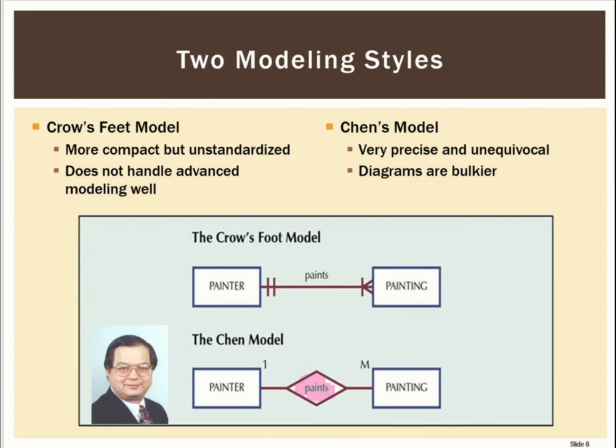A painter can paint many paintings, if I read from left to right, and a painting is painted by one painter, if I read from right to left. The Chen model is more precise, and so we will be using that throughout the rest of the course, but it's important for you to see a crow's foot model.